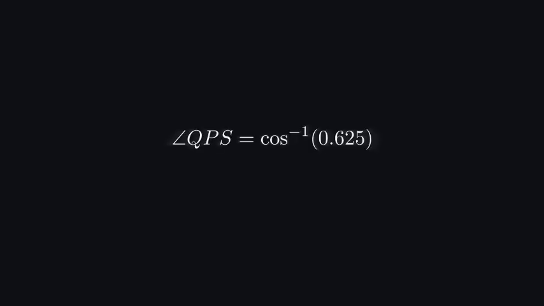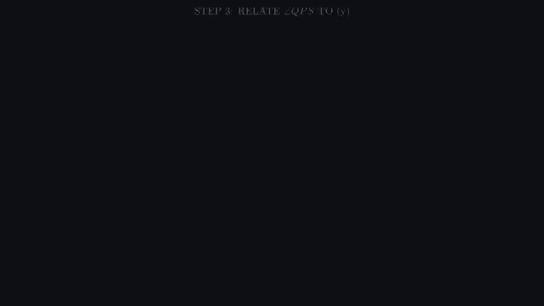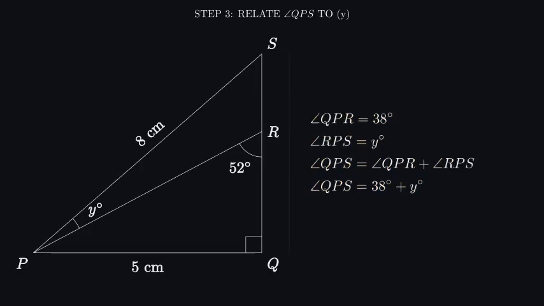Angle QPS equals cos to the power of minus 1 of 0.625. Angle QPS equals 51.3 degrees. The angle from PQ to PR is 38 degrees.